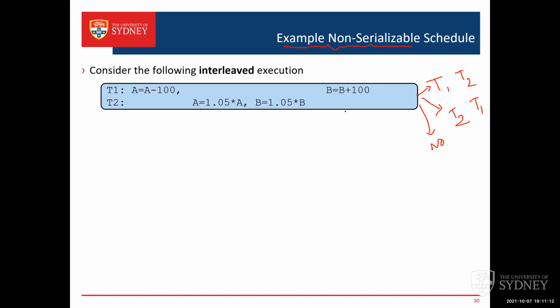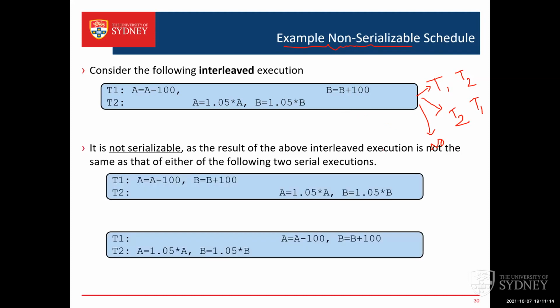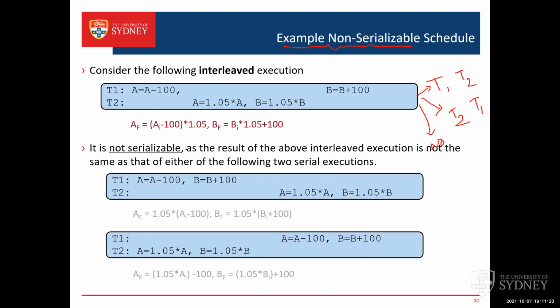So yes, this is not serializable, because if we figure out the equations, we'll see that the equations differ. This is the equation for this interleaved execution, and this is the equation for these two. The equations are different. So this is a wrong interleaved execution. That simply means it is a non-serializable schedule. We will not be able to perform this one.